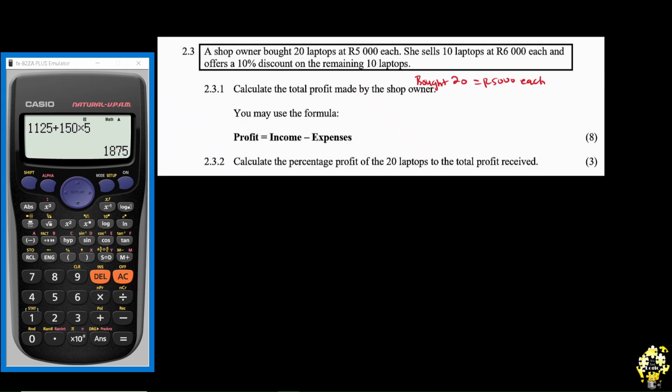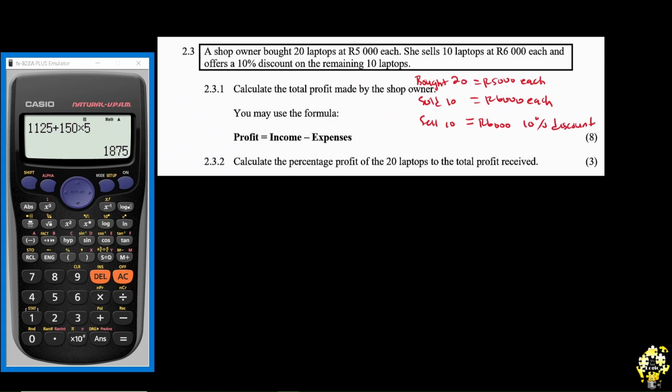And then she sells 10 laptops at 6,000 each, and offers a 10% discount on the remaining. She's still going to sell the remaining 10 at 6,000 as well, but now she's going to be offering a 10% discount.